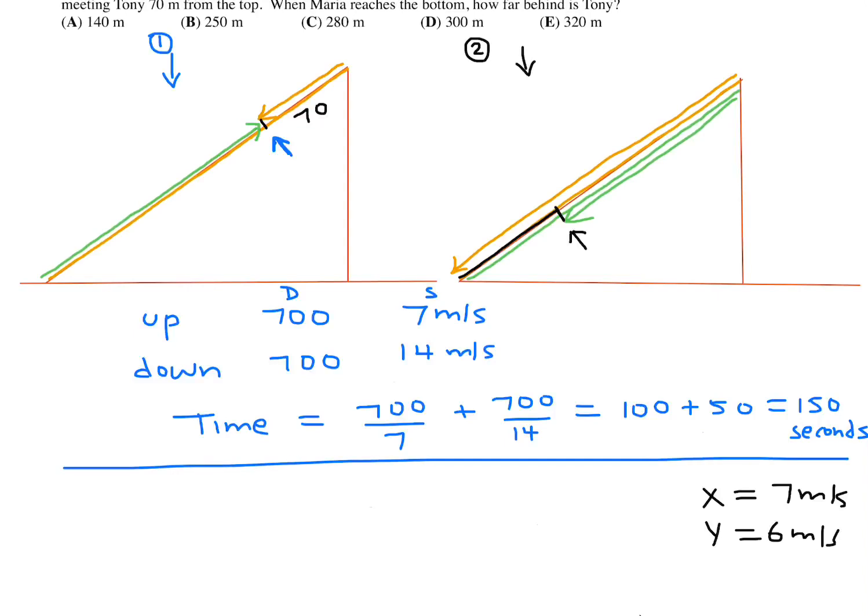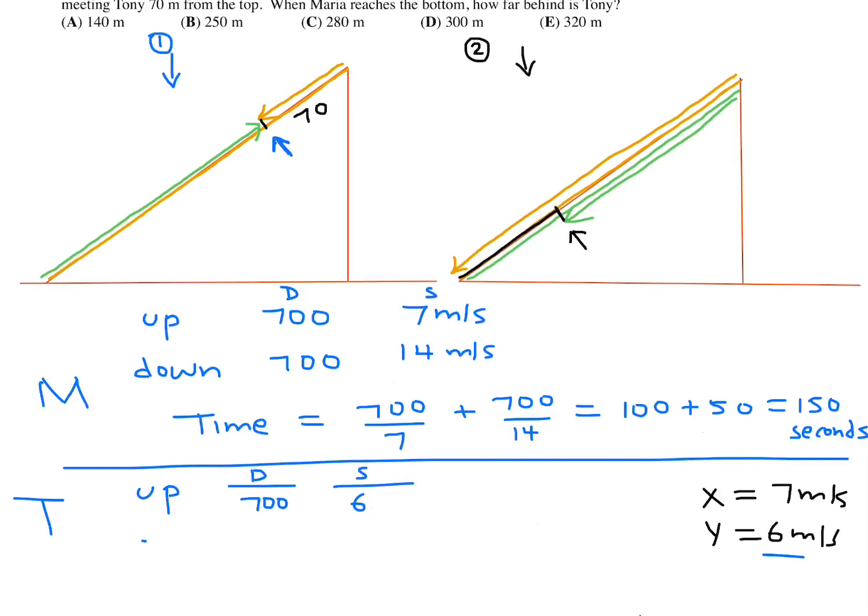All right, keep that in mind. Now, we turn our attention to Tony. How much time does it take him to go all the way up the hill? Well, he goes up the hill. The distance is, of course, 700. And his speed is 6 meters per second.